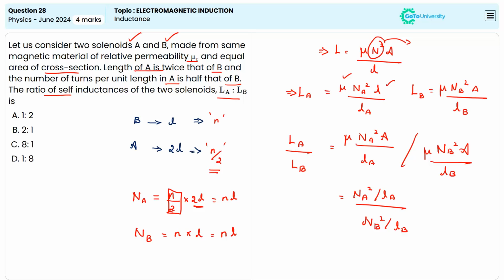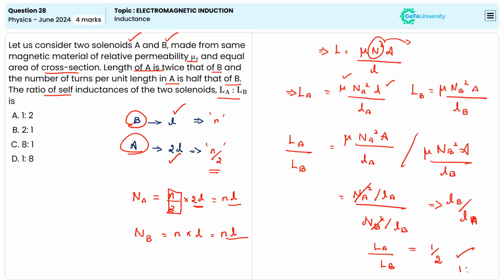So here we calculated the value of n, and it is also the same for both, so we can cancel each other and this will be equal to L_B divided by L_A. Whereas L_B is the length of solenoid B, which is given as L, and the length of solenoid A is 2L. So if we apply the values, the self-inductance ratio will be equal to 1 over 2.